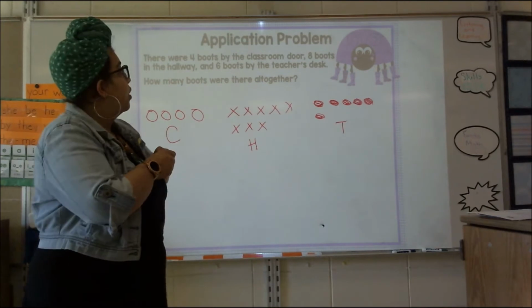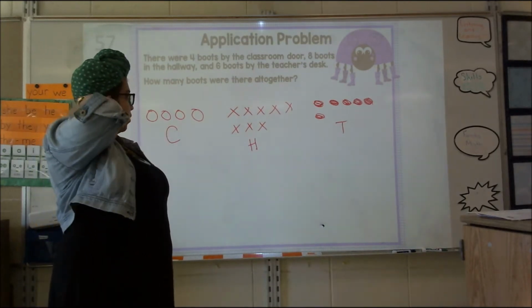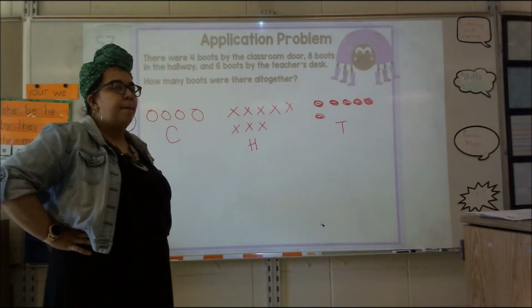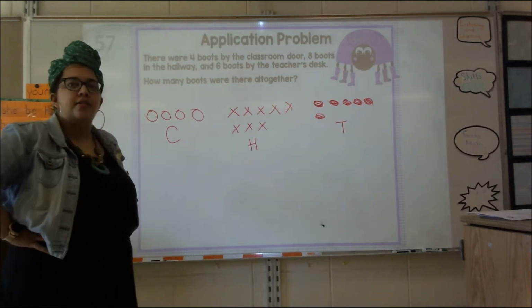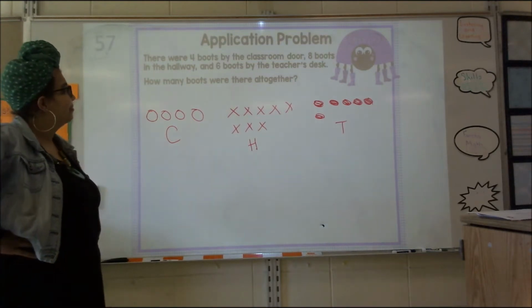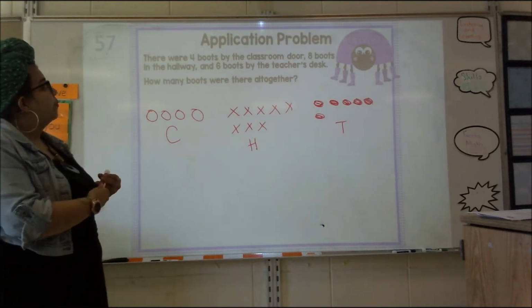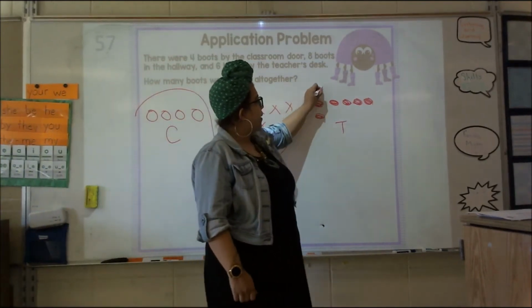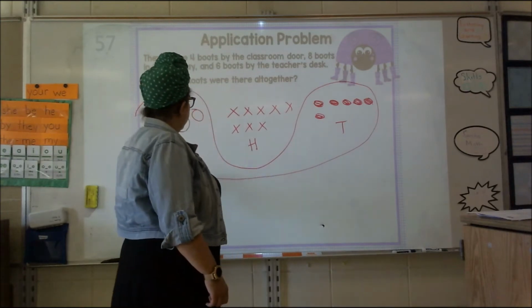All right, so in seeing this, which 2 groups of boots should I put together first? I'll give you a hint. It's the group that makes 10. I should put the boots by the classroom door with the boots by the teacher's desk. Good job.